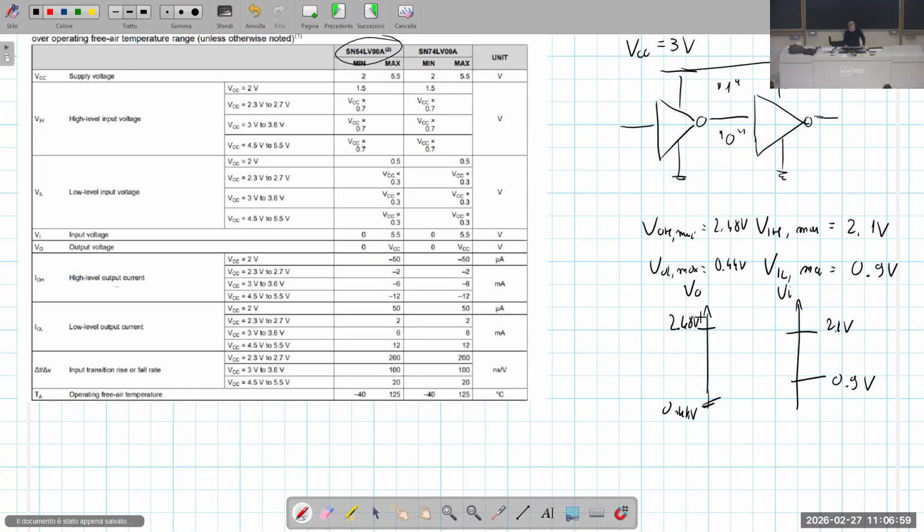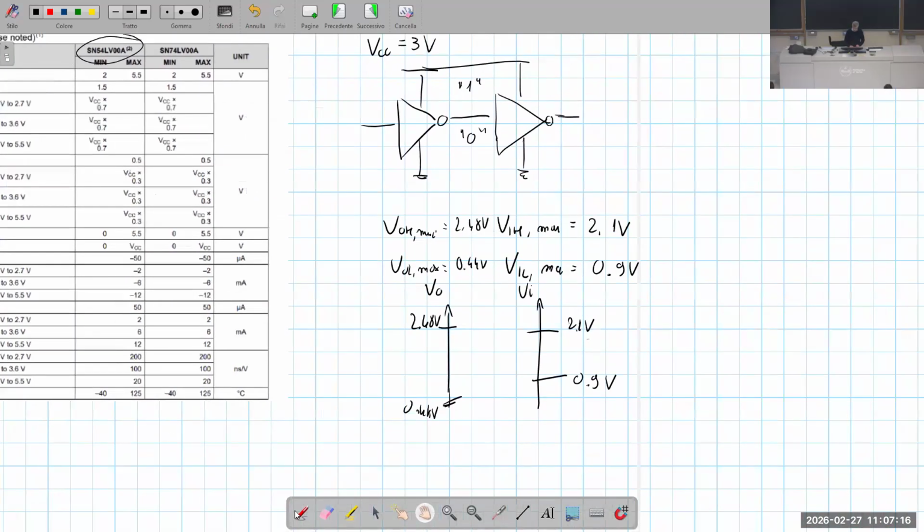Yes, because VOH minimum is larger than VIH minimum, and VOL maximum is below VIL maximum. Which are the noise margins at the 1 and at the 0 level? What is NM1 and what is NM0?